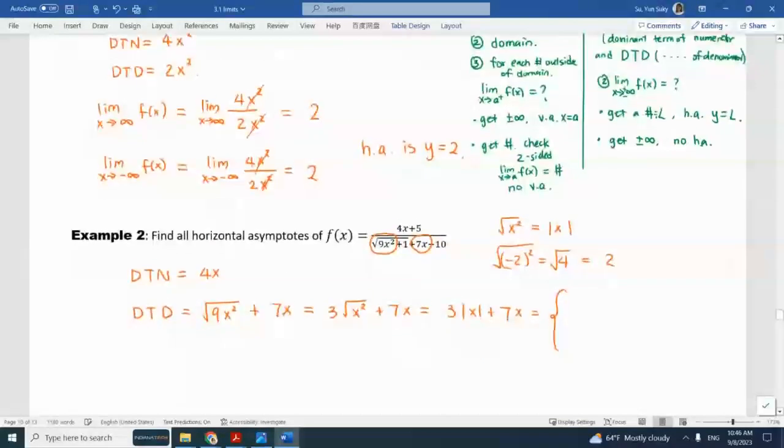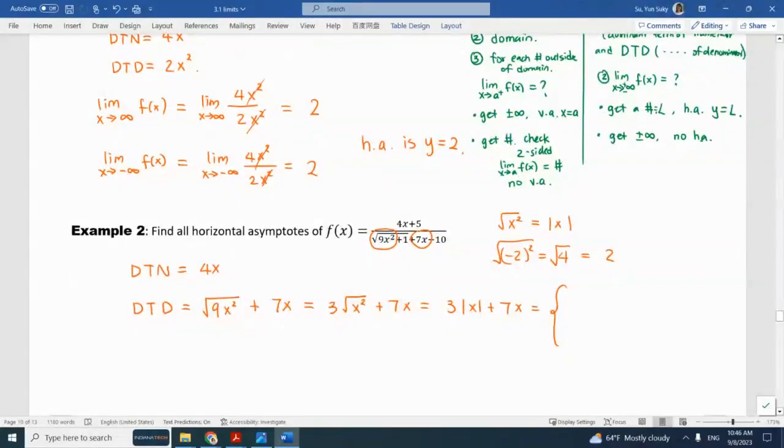That's why you have to separate into cases. Okay? Case 1, if x is greater or equal to 0, your absolute value of x is just x. Is that okay, everybody? Yeah, so it's x if x is greater or equal to 0. And when x is less than 0, any guess? What's absolute value of x when x is less than 0? It will be minus x.